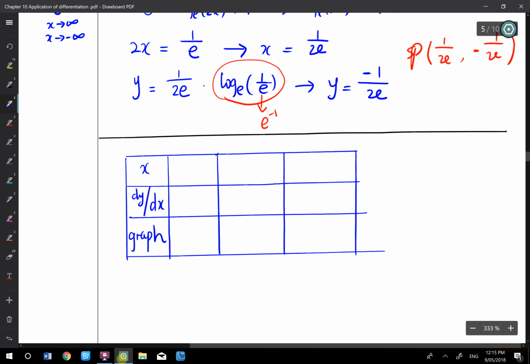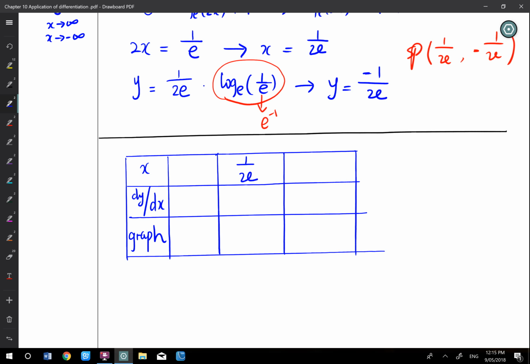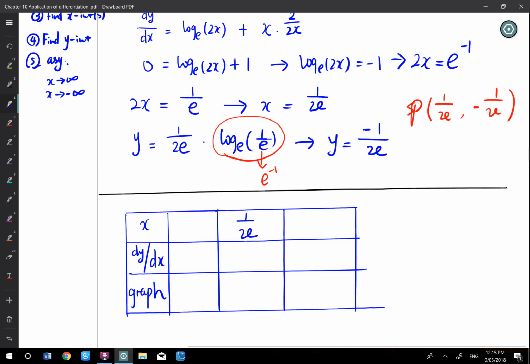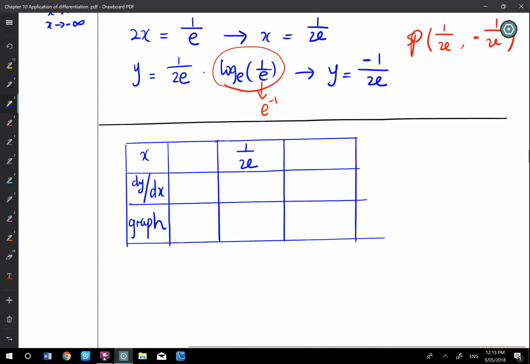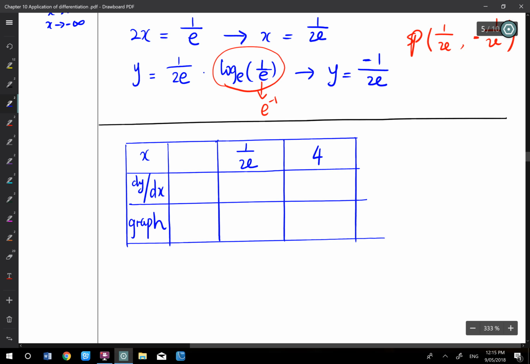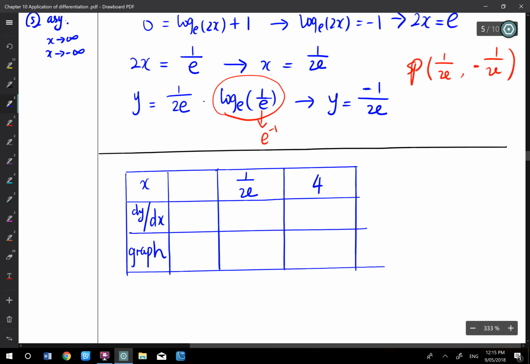Okay, so we have 1 over 2e in the middle. 1 over 2e is definitely a number between 0 and 1, less than 1. Now, your domain is 0 to infinity, so it will be easy to evaluate the right-hand side. Let's say we select a 6 or a 4 on the side. It doesn't matter what you select.